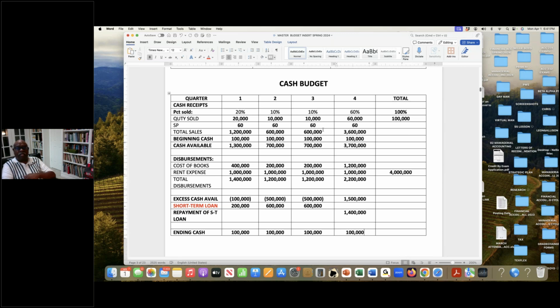if we add up all of these sales, how much are the total sales? We add all 4 of these up. Is it 6 million? I'm gonna take your word for it because it's 60. Then if we add up all of these cost of books, how much was that?